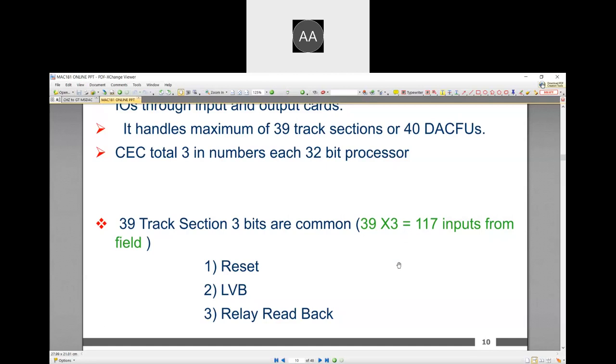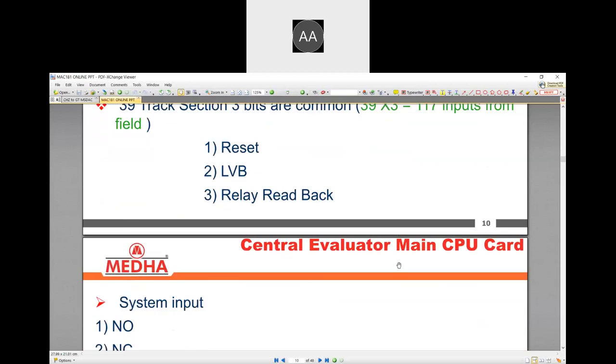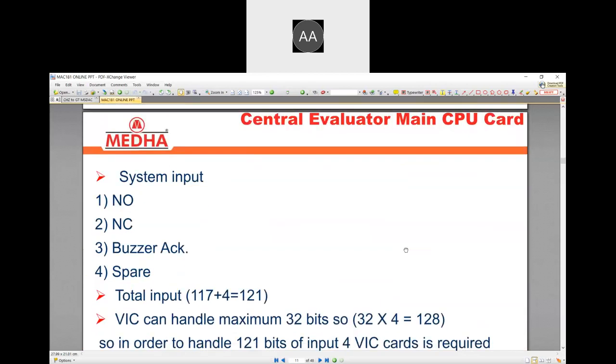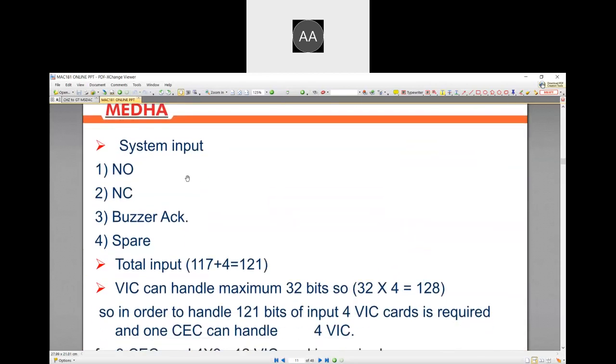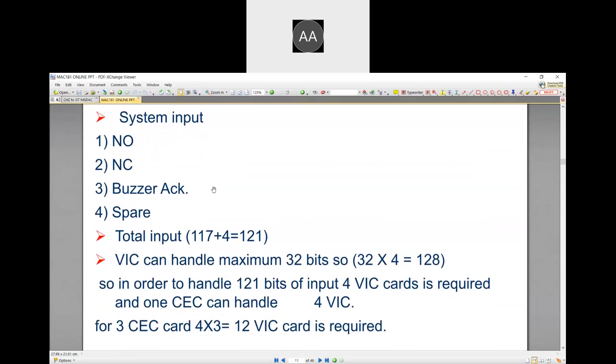Apart from these 117 inputs, there will be some system inputs, that is for the key in, key NO and key NC. One common input from the system will be the buzzer, and one of them will be spare. So in total, the number of inputs will be 121.